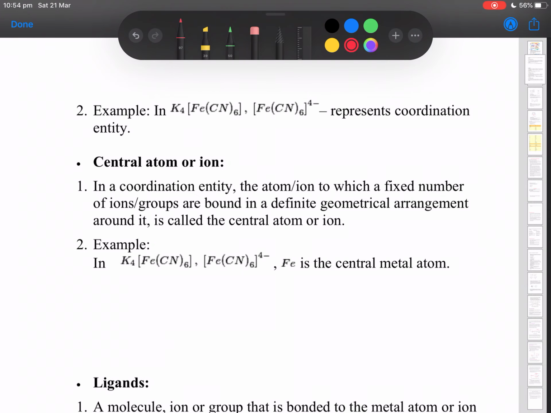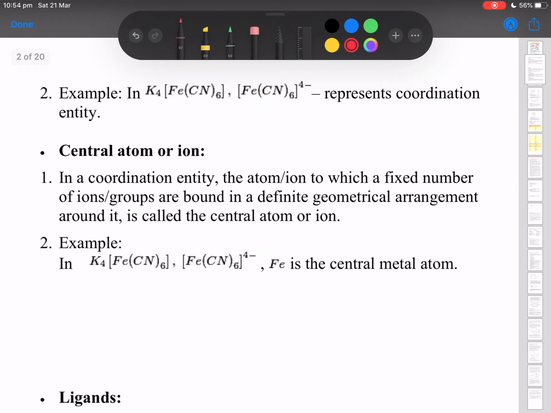Now that's another important thing we need to understand about the central atom. So what is the central atom? We already understood before, the central atom usually belongs to the transition family, that is d block. So in the coordination entity, the atom, which can be an atom or an ion (how an ion, we'll be discussing with an example), has a fixed number of ligands bonded to it.